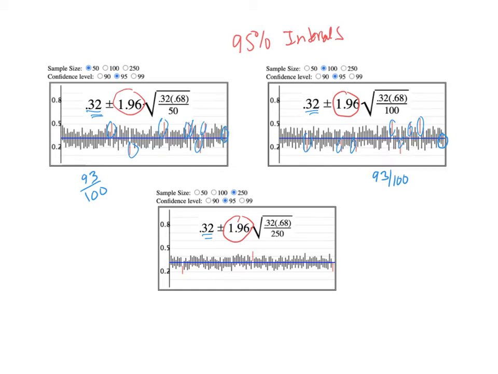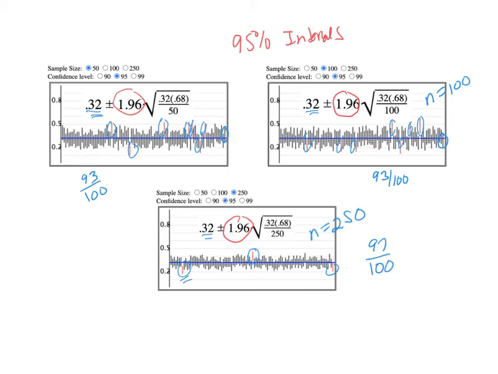And you can really see the jump in the next one. I went from a sample size of 100 in this one to a sample size of 250 in the bottom. Look how small these intervals are now. But notice, I only missed 3 times, so I was right 97 out of 100 times there.